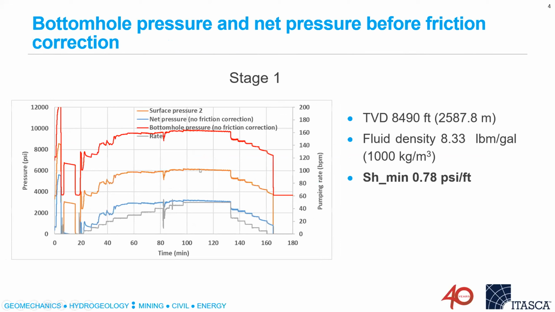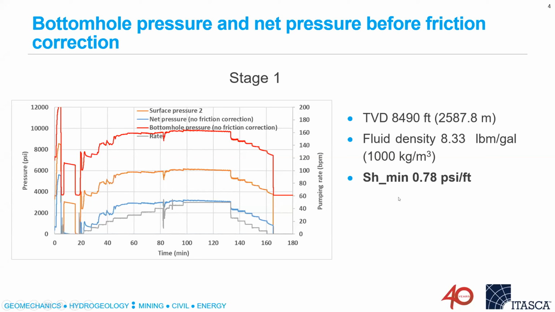First, calculate the bottom hole pressure and net pressure. But this is not an easy job. So first, we know the surface pressure, so we add the hydrostatic, we get the bottom hole pressure, and the bottom hole pressure subtract SH mean, we get net pressure.